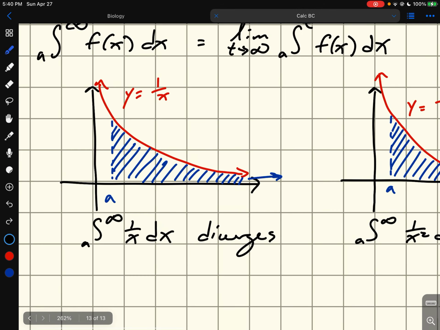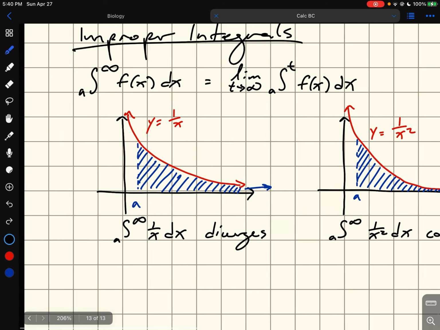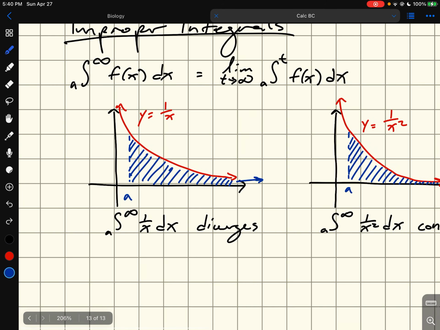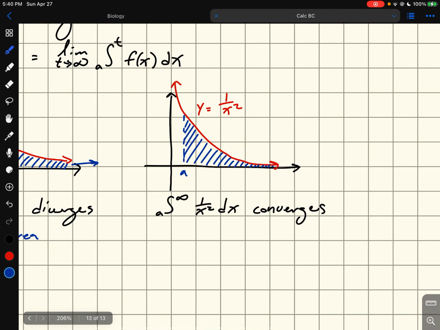And this one doesn't converge because it doesn't decrease fast enough. So this area is infinite. So I'm gonna write that actually. Infinite area. But this one has a finite area because eventually it converges to 0, so you can calculate the area.